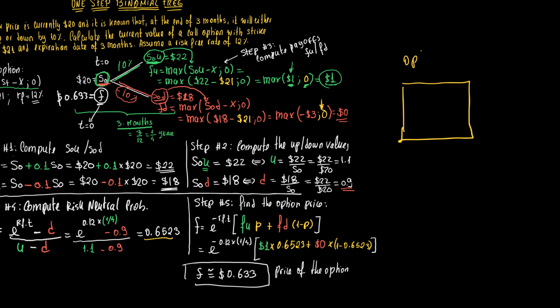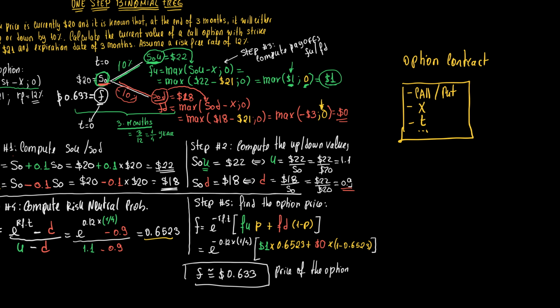This contract will have several things written on it. One of them is whether it's the right to buy or to sell something. If it's the right to buy, it's a call option. If it's the right to sell, it's a put option. You will have a strike price, an expiration date, and so on.